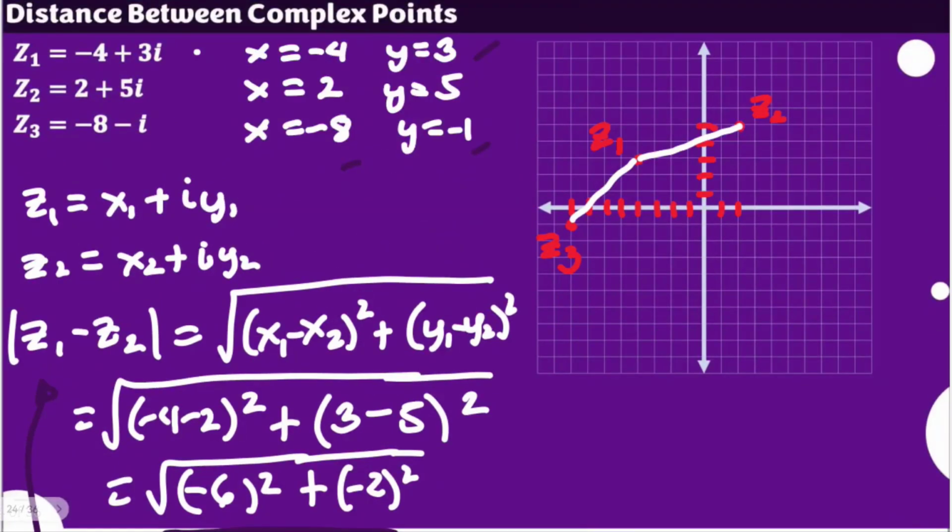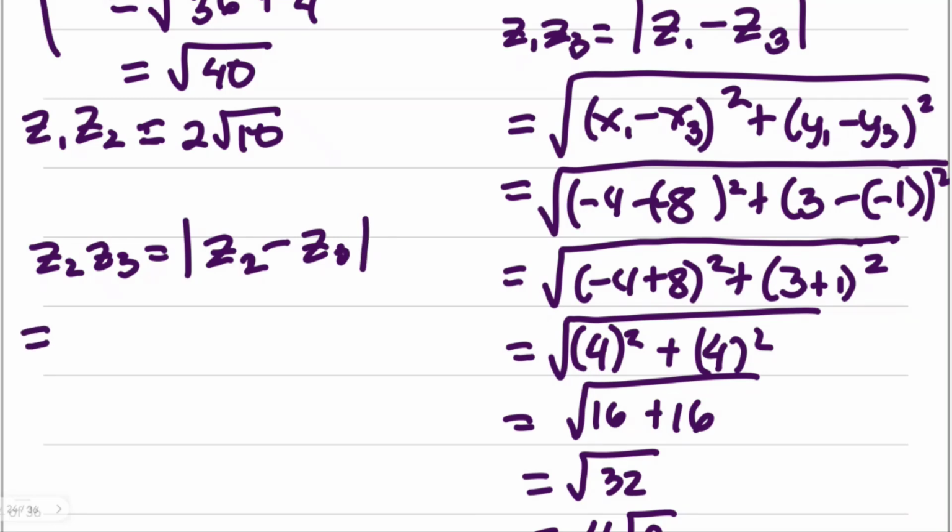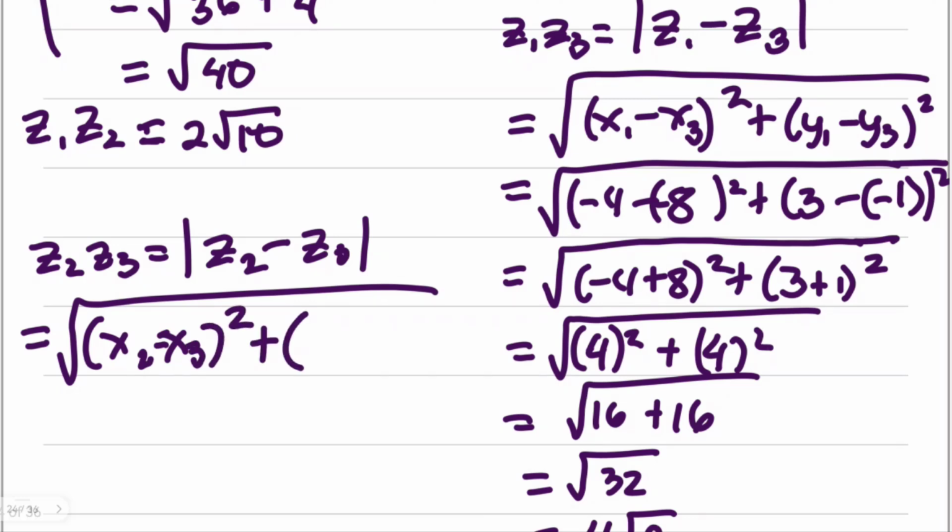Now, let's complete this by getting the distance of the line segment connecting z sub 2 and z sub 3. That's the modulus of z sub 2 minus z sub 3, indicated by the distance formula: x sub 2 minus x sub 3 squared, plus the square of y sub 2 minus y sub 3.